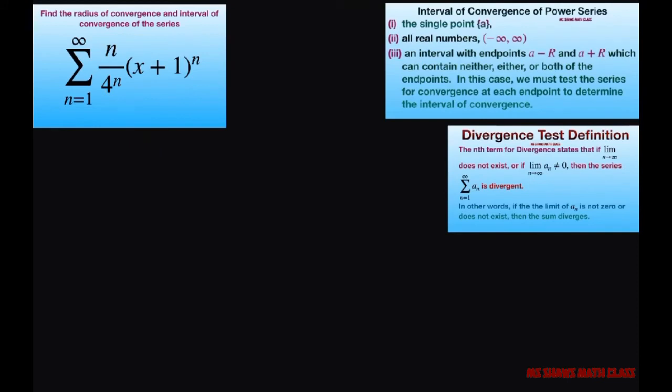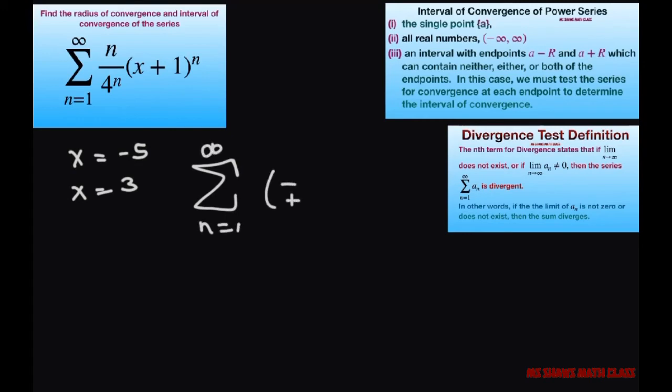So basically, when x equals negative 5 or x equals 3, both of the series, we get the sum from n equals 1 to infinity of plus or minus 1 to the nth power times n.